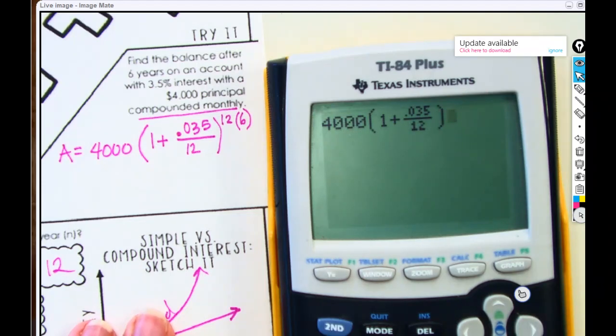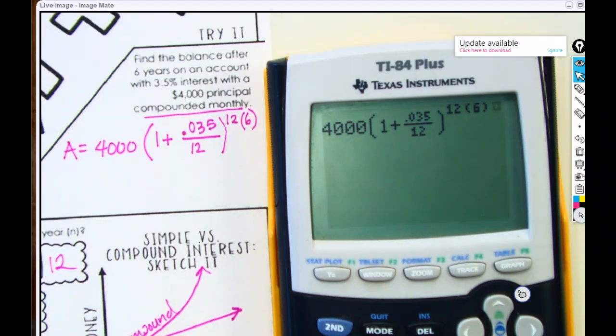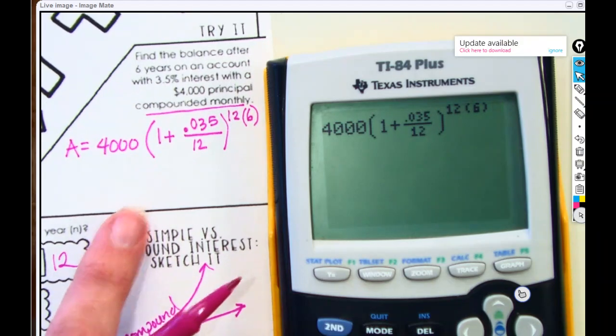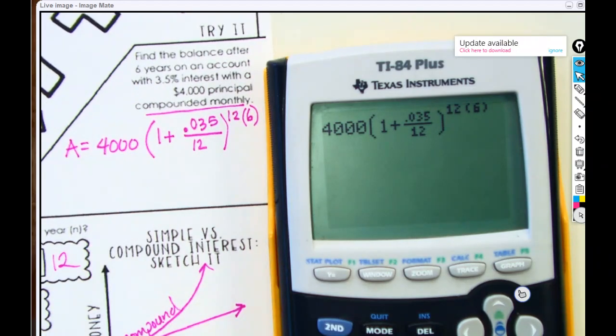Close my parentheses, raise to the 12 times 6. As long as it looks like what I've got written on my paper, I know I've done a great job.